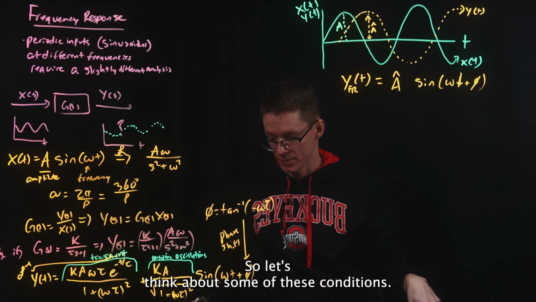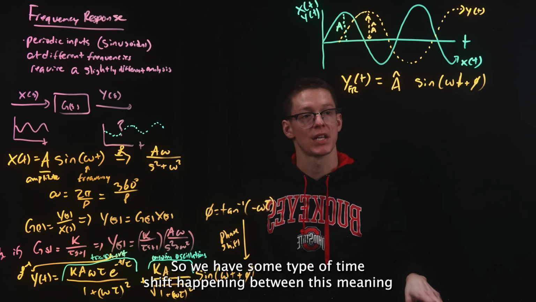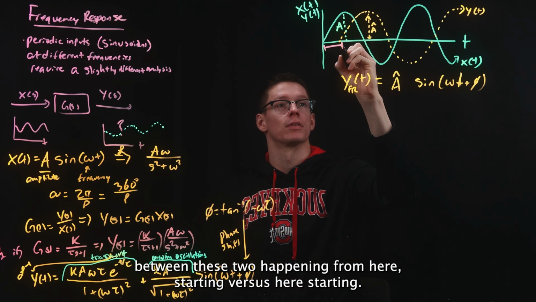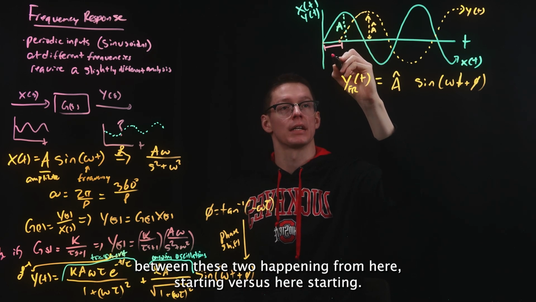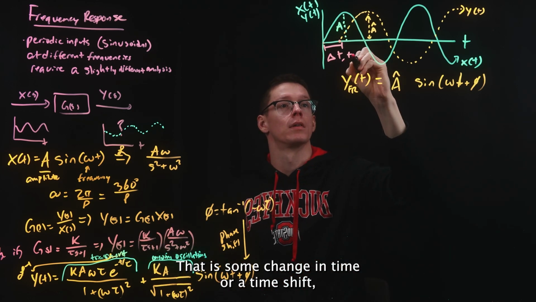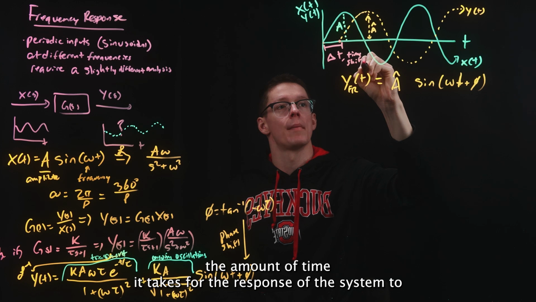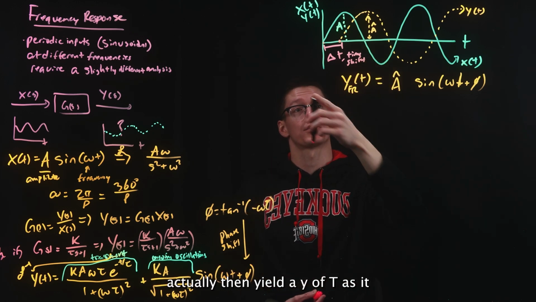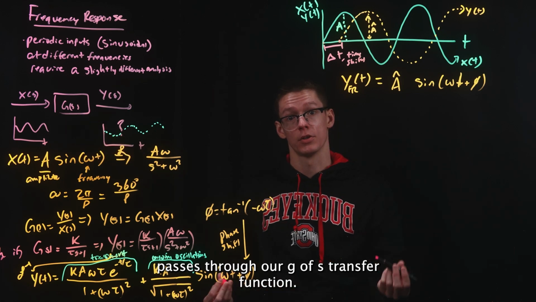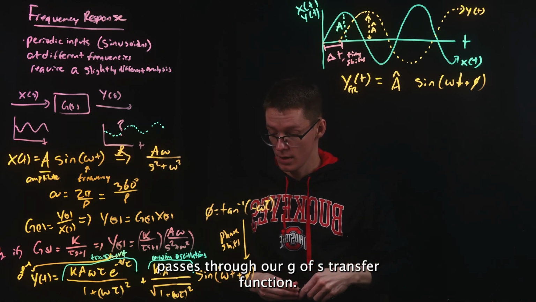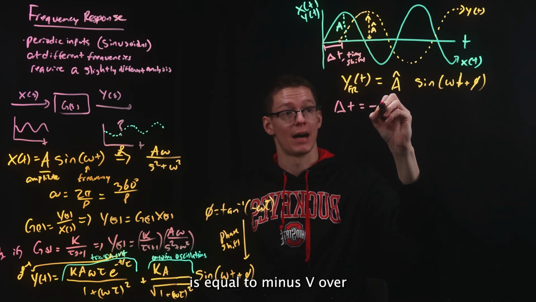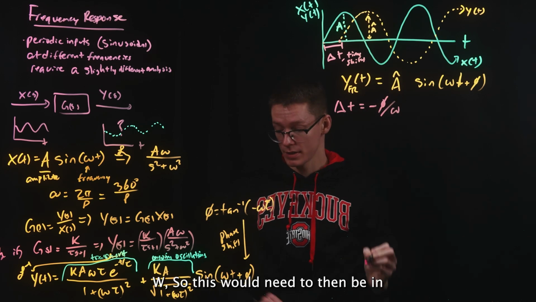So let's think about some of these conditions. So we have some type of time shift happening between these, meaning between these two happening from here starting versus here starting, that is some change in time, or a time shift. The amount of time it takes for the response of the system to actually then yield a y of t as it passes through our g of s transfer function. That delta t, though, directly is equal to minus phi over w.